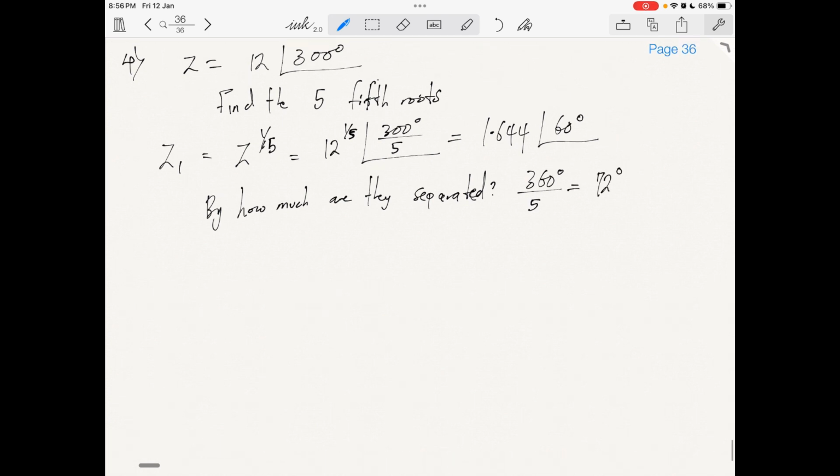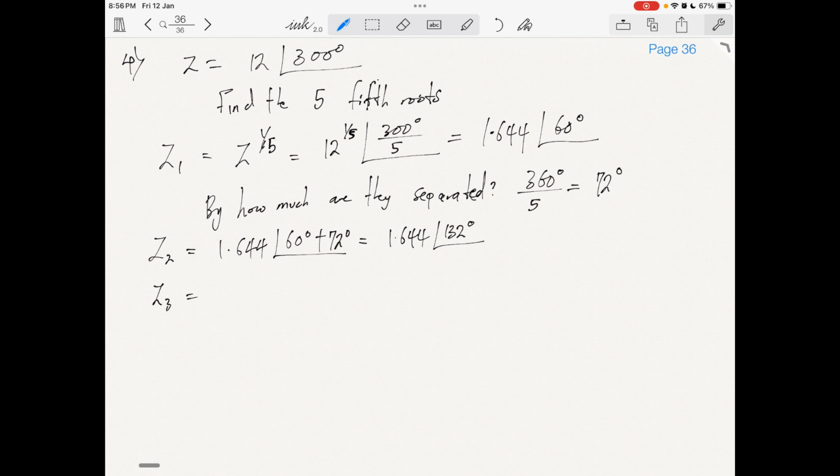So in essence, our second root is 1.644 argument 60 degrees plus 72 degrees, and that will give us 1.644 argument 132 degrees.